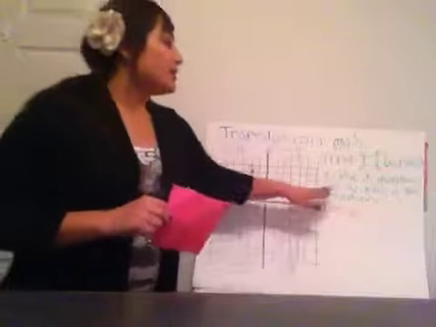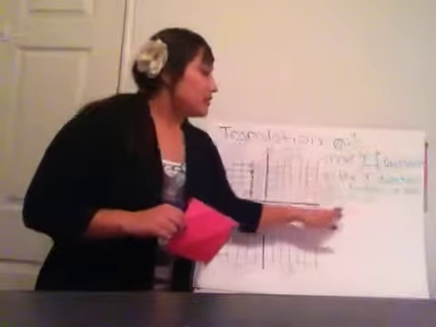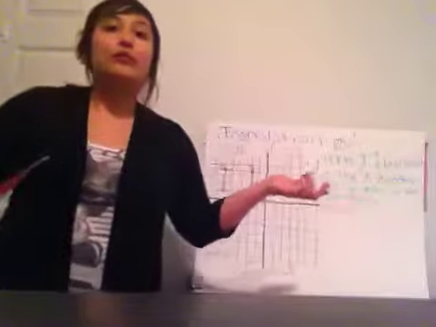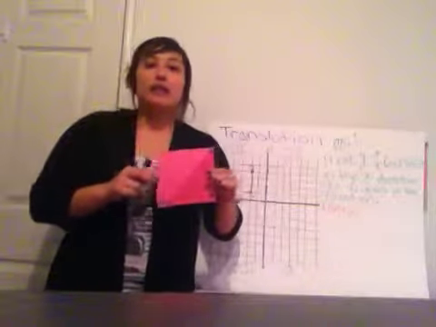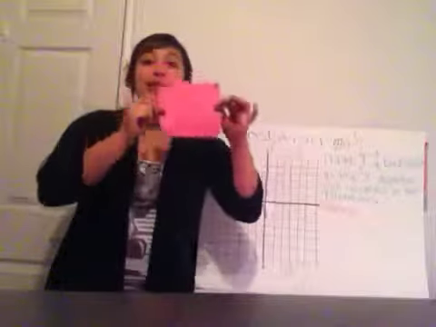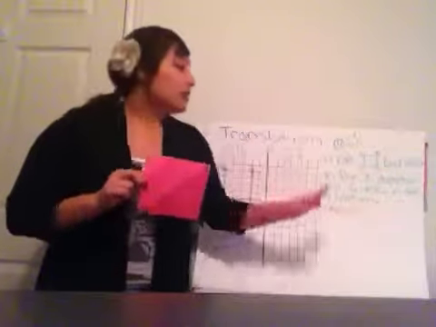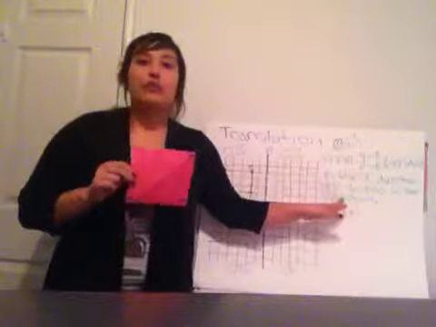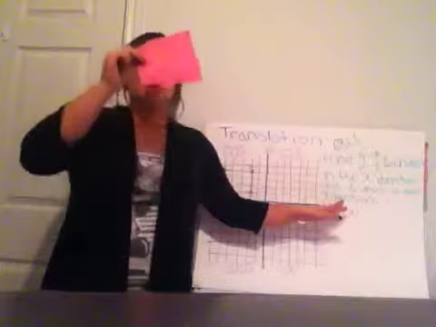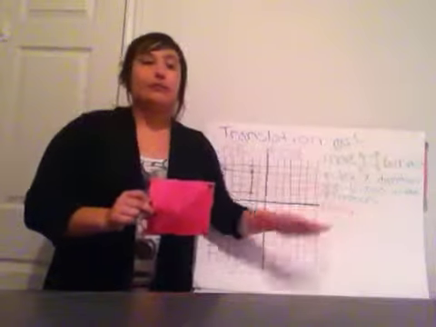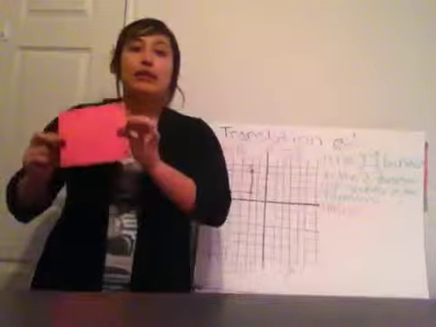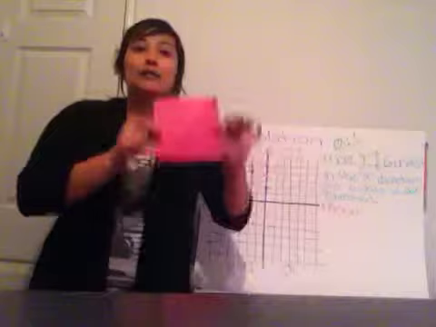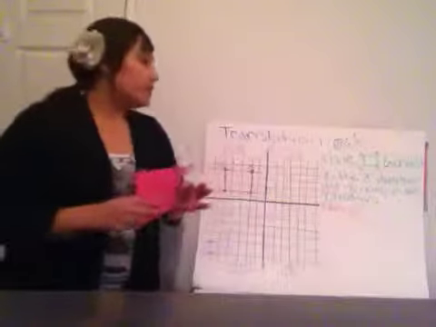Now, negative 6 units in the y direction. What's opposite from right to left? Good job. Up and down. When we talk about our y direction, we are going to move our polygon up and down only. So we got those definitions correct. Our x-axis is right to left. Our y-axis means up and down, nothing else.